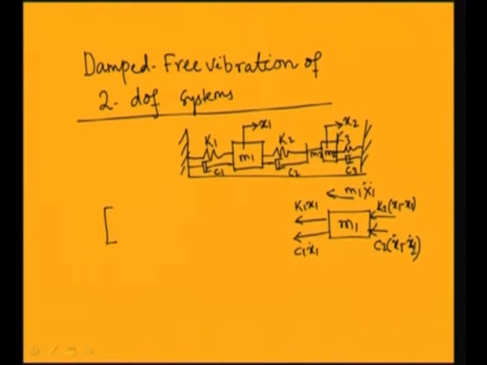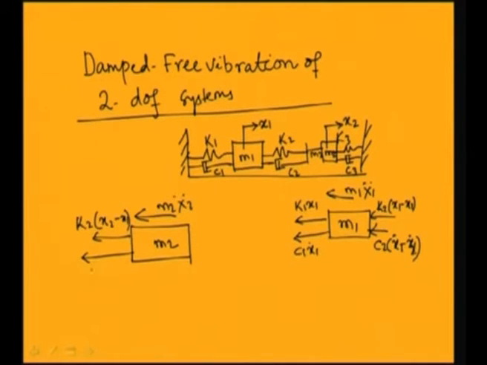Similarly, for mass 2 also you can draw the free body diagram. This is mass m2 and this is x2. The inertia force is m2 x2 double dot acting in this direction, and the spring force is k2 into (x2 minus x1), and the damping force is c2 into (x2 dot minus x1 dot).